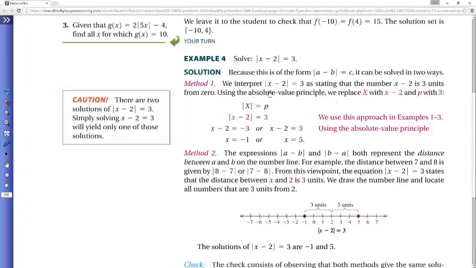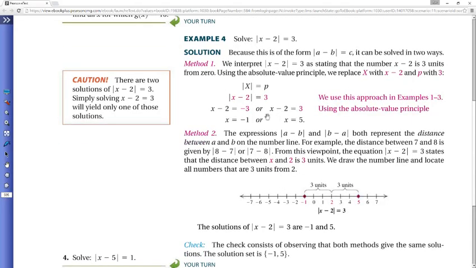Method 1, we could interpret the absolute value of x minus 2 equals 3 as stating that the number x minus 2 is 3 units from 0. Using the absolute value principle, we end up with x being this and p being that, right? Well, they create two equations, right? And they get x is negative 1 or x is equal to 5.